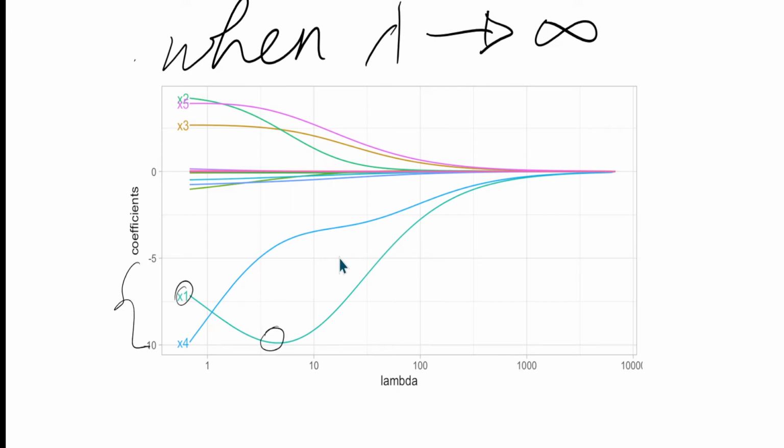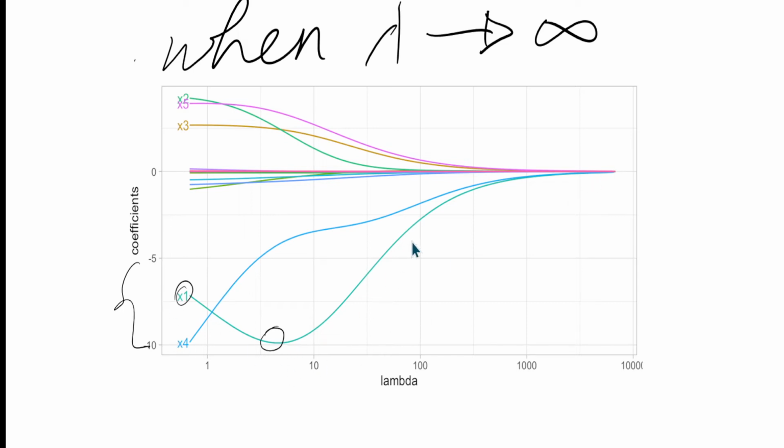When your lambda value is close to 0, it started somewhere around negative 7.5, and then when lambda is somewhere around 7, the beta coefficient for x1 goes close to -10, which is somewhat large. The value of this coefficient is really oscillating. It goes to around -10, and then moves towards 0.